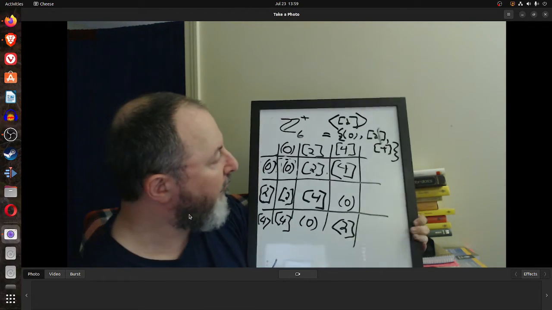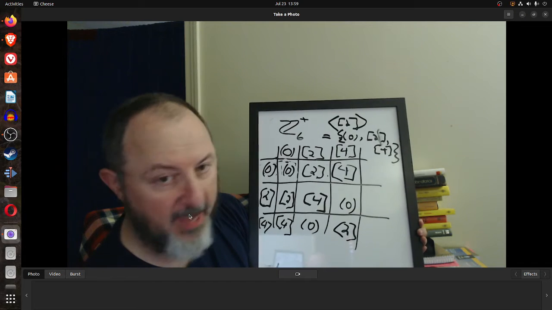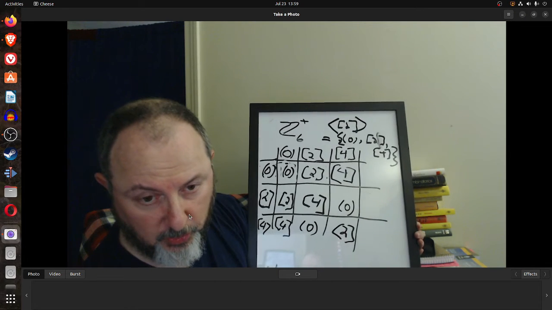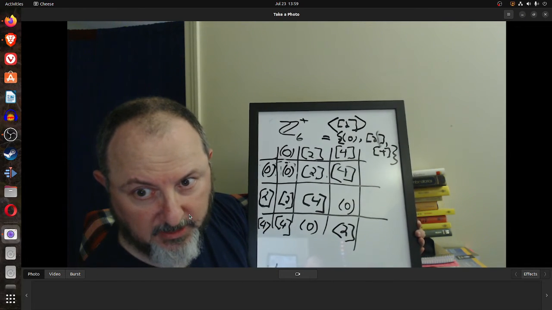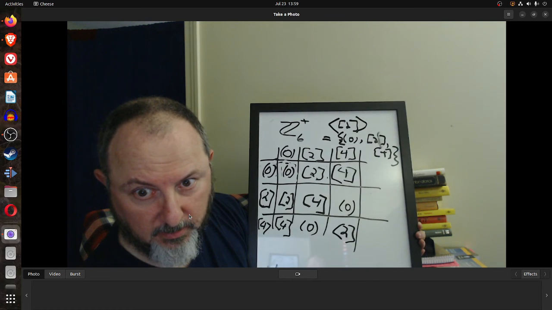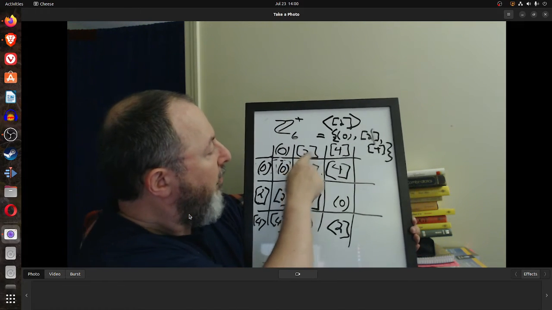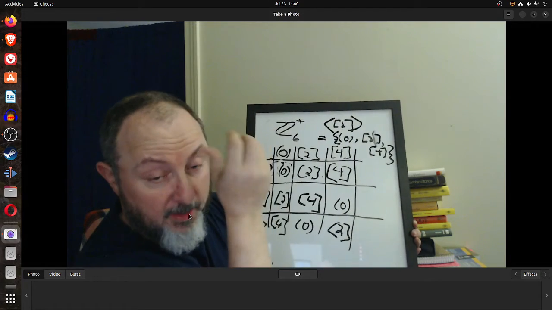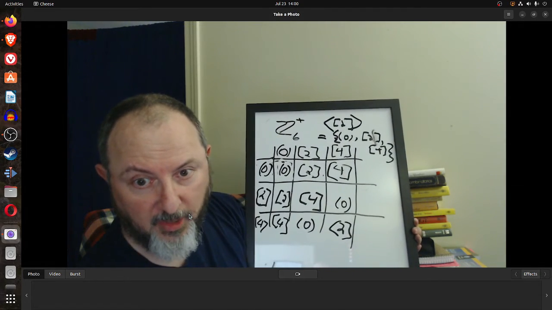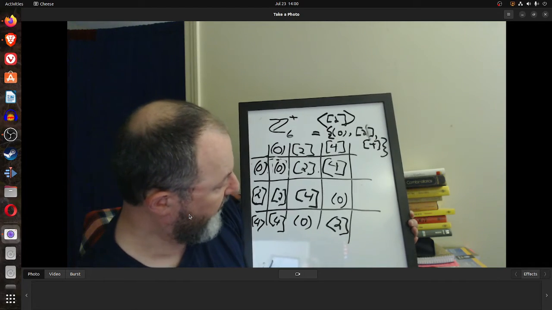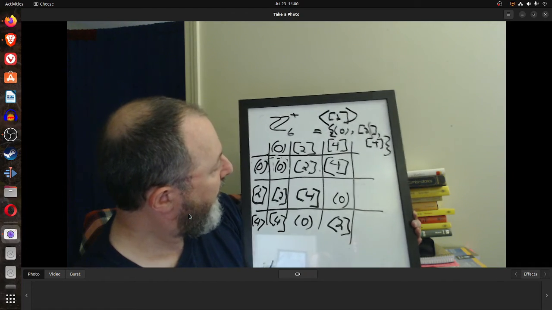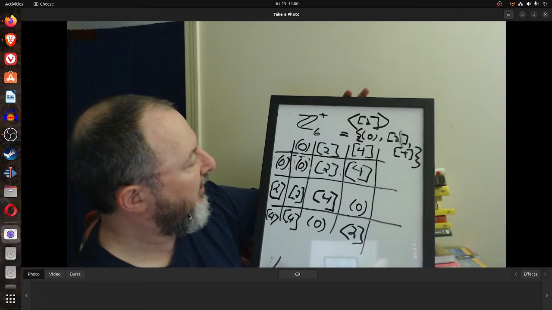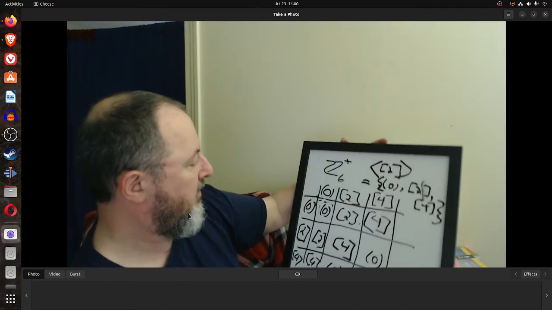The number 4 plus 4 is 8, which is congruent to 2 mod 6, so 4 generates the group represented by 2. The number 5, 5 plus 5 is 10.